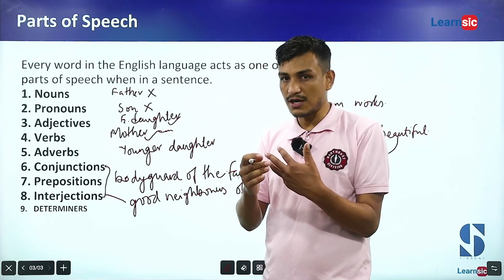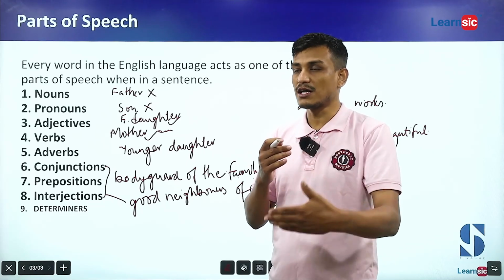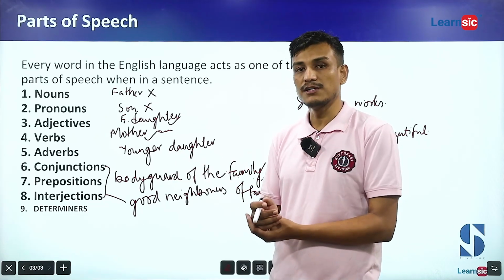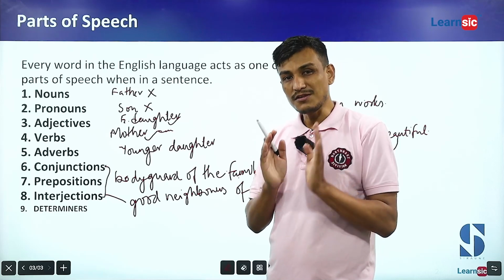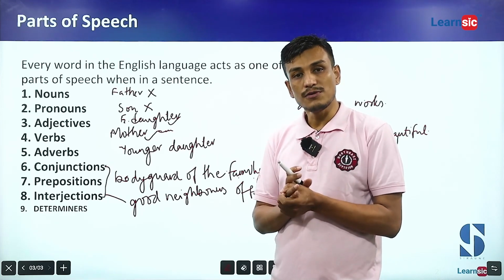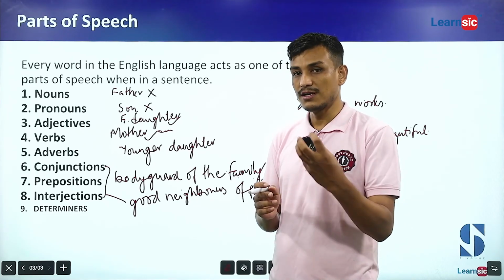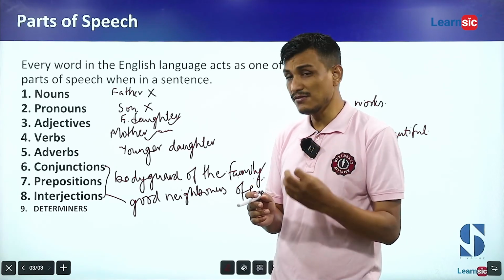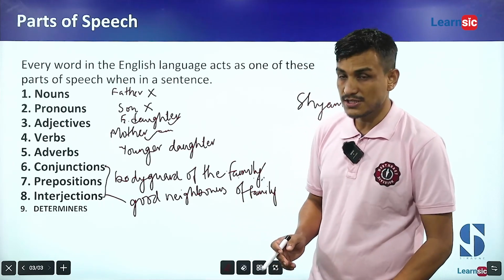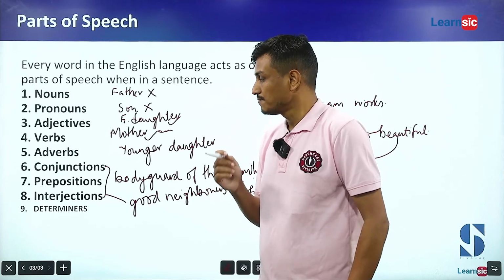Coming before the noun, it shows the relationship between two different nouns. We will deal with that separately later. But keep in mind that preposition always comes before noun. I will deal with preposition separately later on, and you will have a much clearer idea.